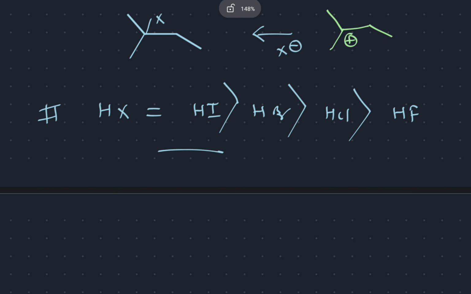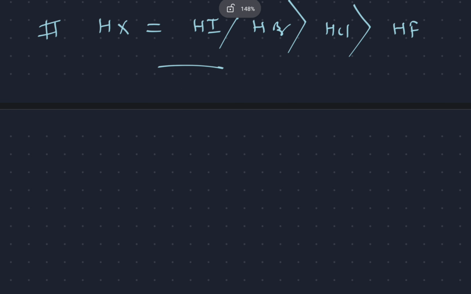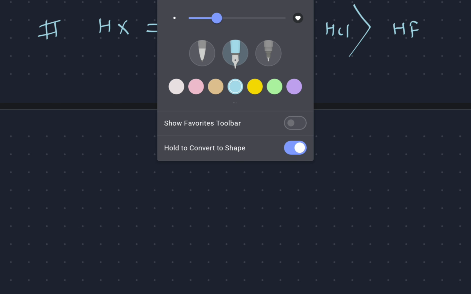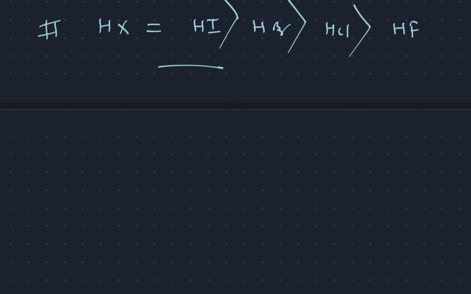Now the attachment of HX on the alkene is based on Markovnikov's rule. This is an electrophilic addition reaction, so it follows Markovnikov's rule.